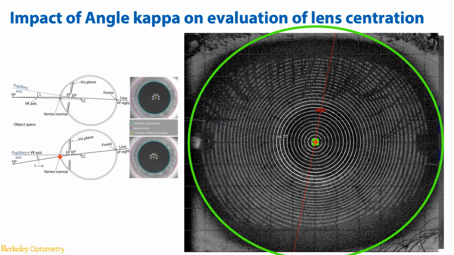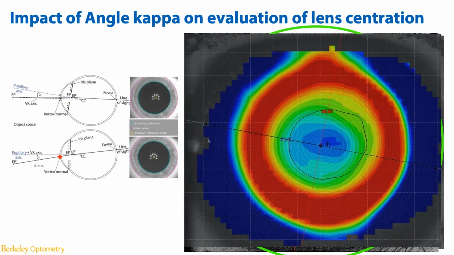So a quick way of fixing this is to ask patients to nasally fixate on the first or the second ring of the placido, or the fixation rings, so that we can overlap the geometric center with where the line of sight is passing through the cornea. And after correcting for angle kappa, you can see the same eye had a totally different impression in terms of the centration of the Ortho-K fitting.